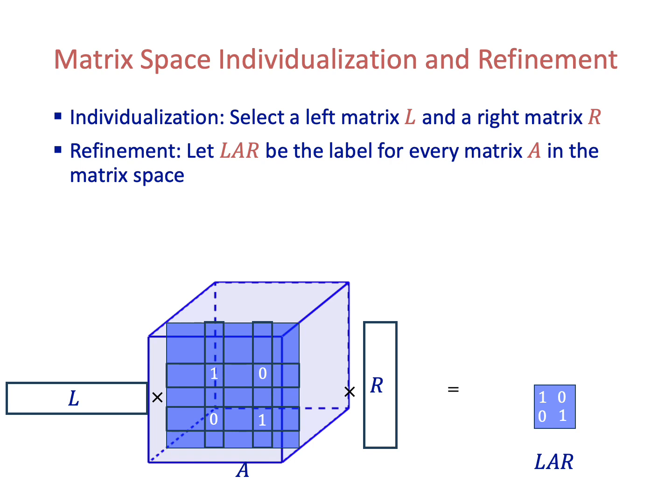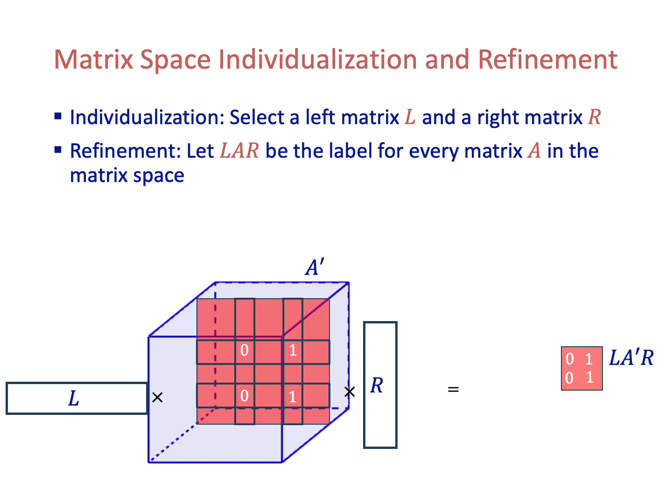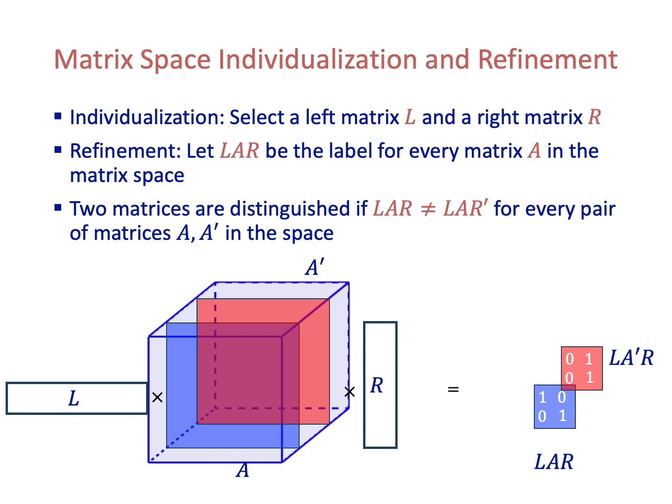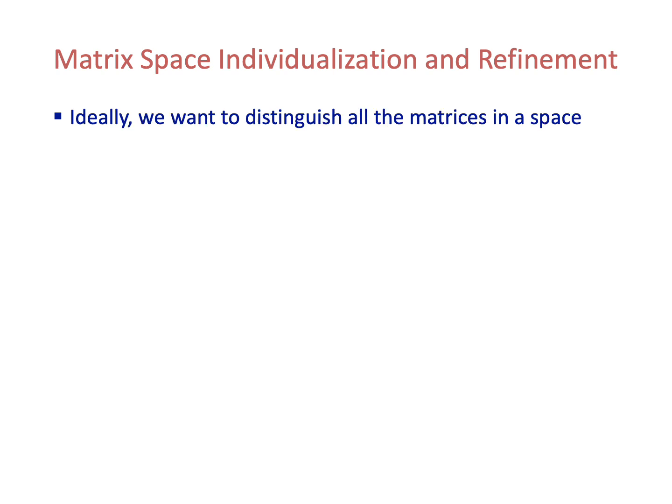We say two matrices are distinguished if their labels are different. Ideally, we want to give matrices in a matrix space distinct labels, so that all the matrices are distinguished.